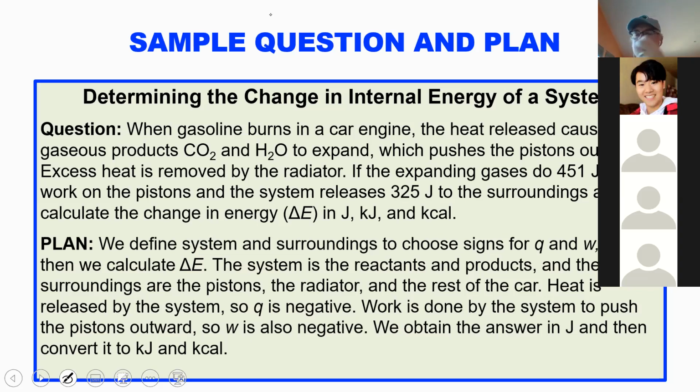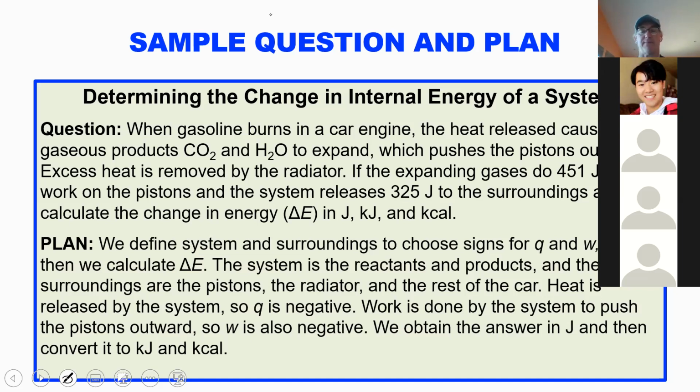And the surroundings are the pistons, which are having work done on them, the radiator, which is absorbing heat from that reaction, and the rest of the car. So heat is being released by the system, right? We know that when we burn things, heat is released. So Q is negative because the engine's warming up, and our radiator is absorbing heat and trying to cool things down.